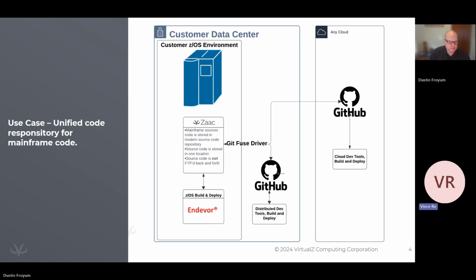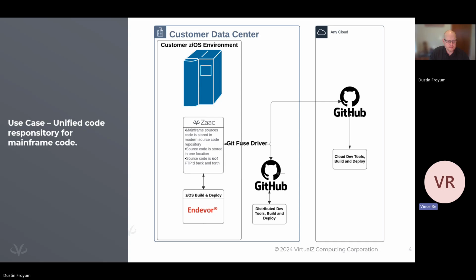Yeah, and this was one that jumped out at us really early in the development of Zaac. It turns out there is a GitHub Fuse driver that exists in the open source community. And basically in a Zaac context, what that does is it allows us to take a GitHub repository and think of it as a disk volume on your mainframe.